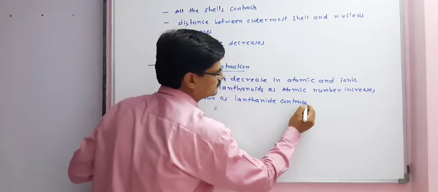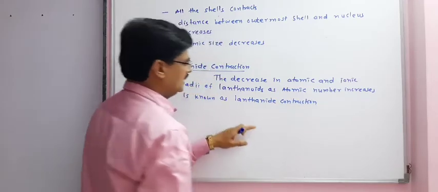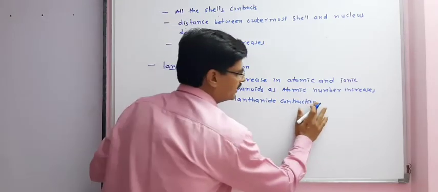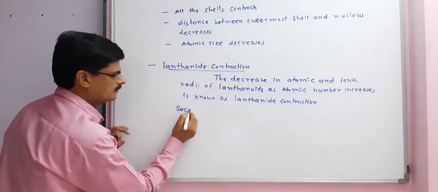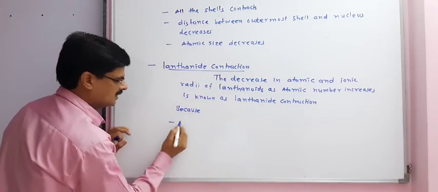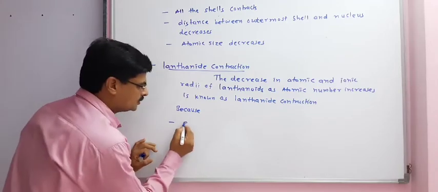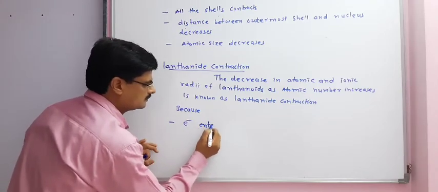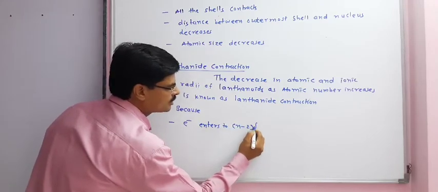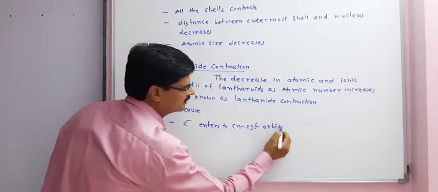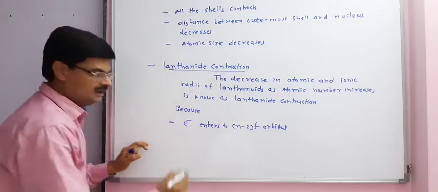Lanthanide contraction is because of electron enters to (n-2) f orbital. Point number 1.